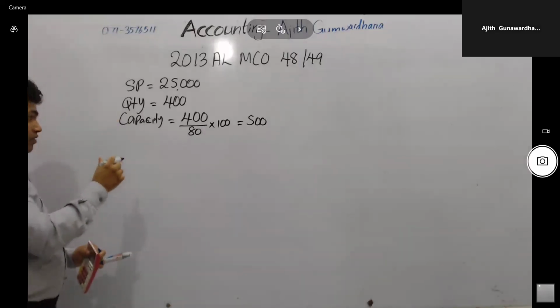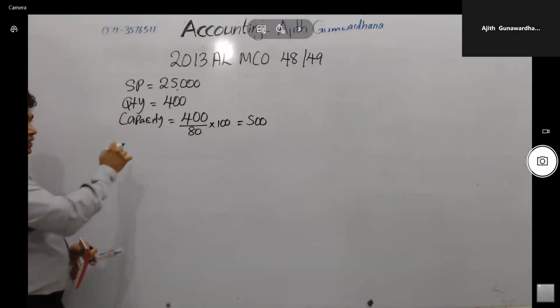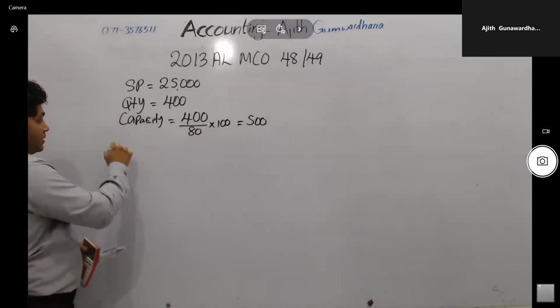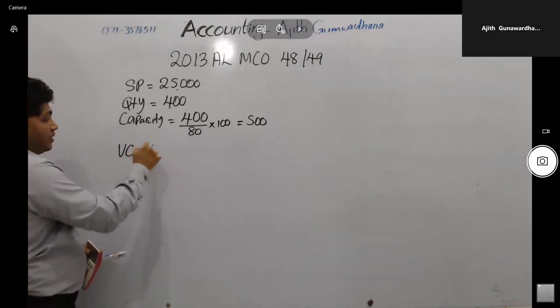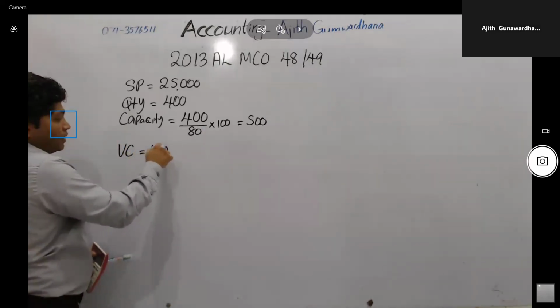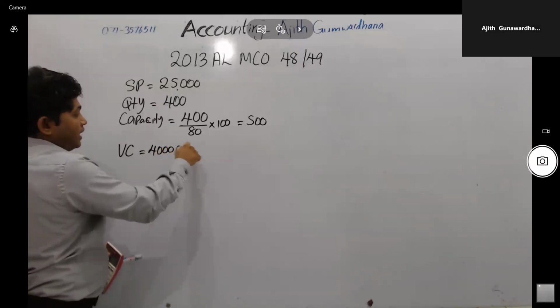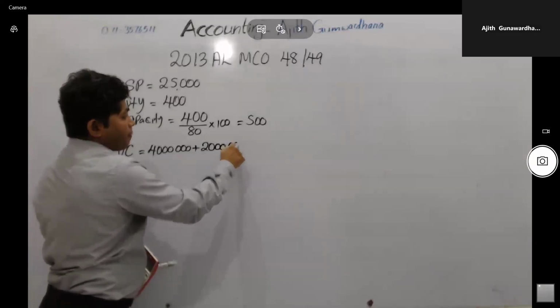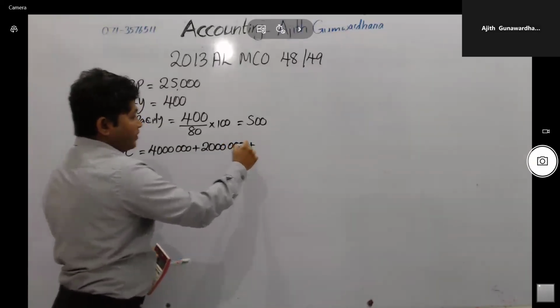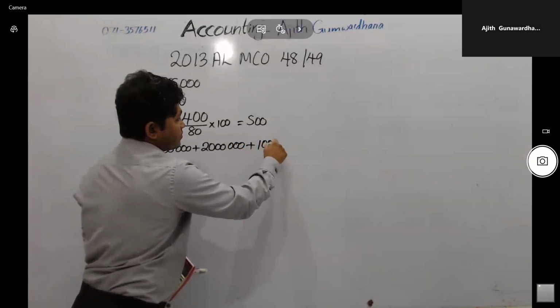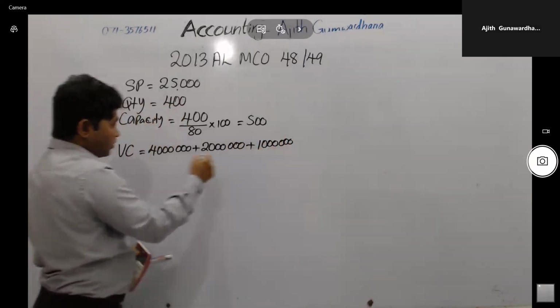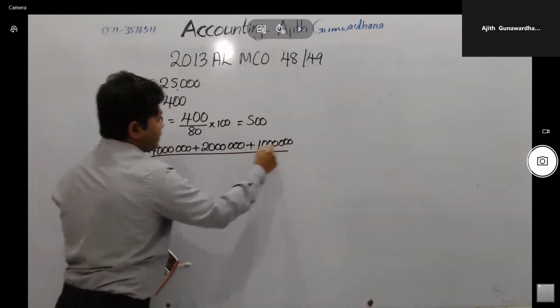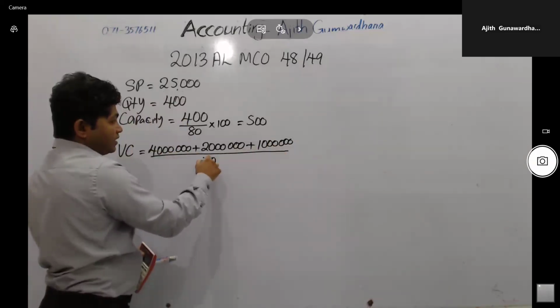Now the variable cost per unit is not given, but it can be calculated. The material cost is 4 million, direct labor cost is 2 million, and variable overhead is 1 million. These are the total variable costs, given for 400,000 quantity.